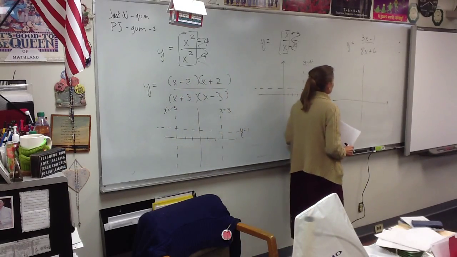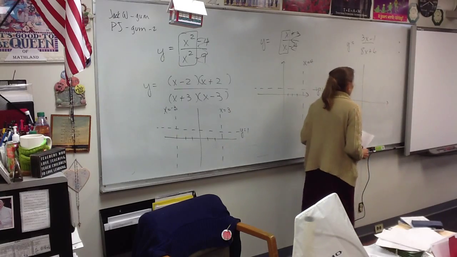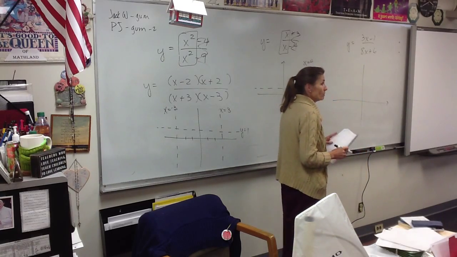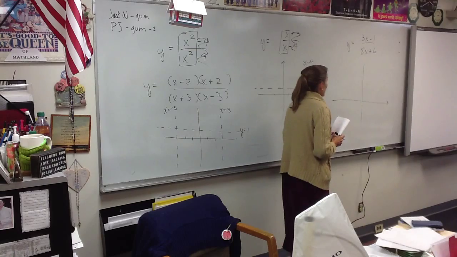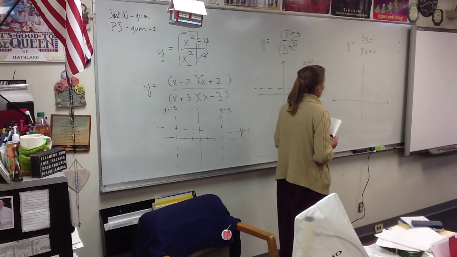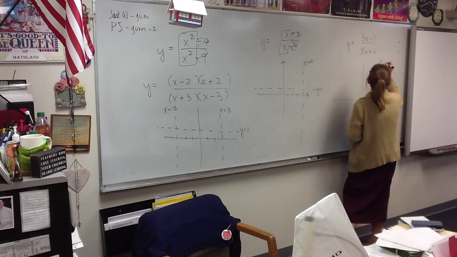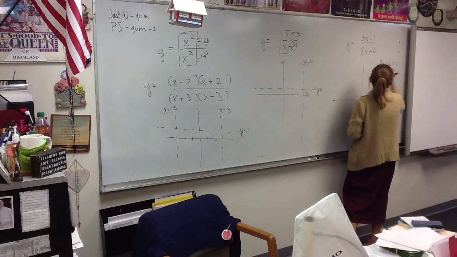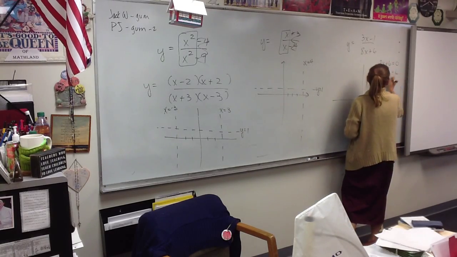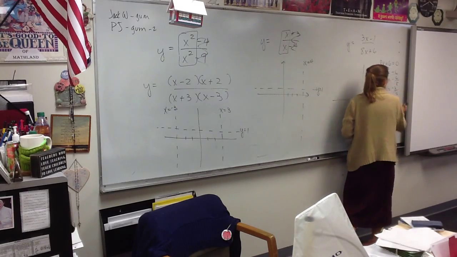Uh-oh. Where am I going to put my vertical asymptote? Very good. The denominator, where it would equal 0, is negative 6/8, which I think I'll reduce to negative 3/4.